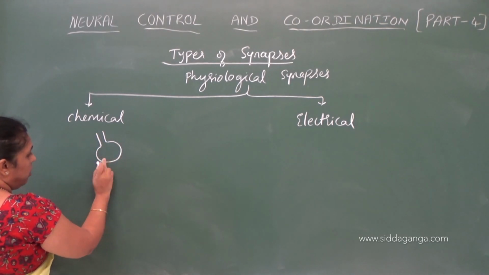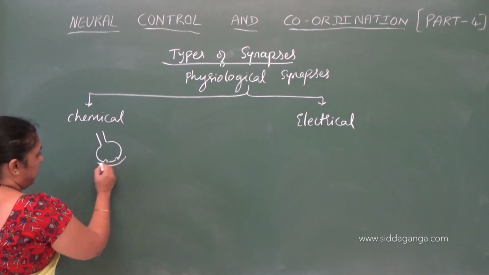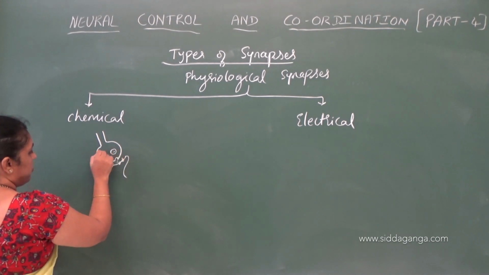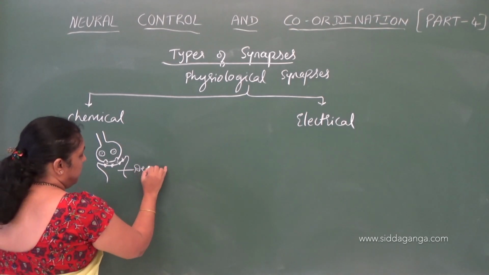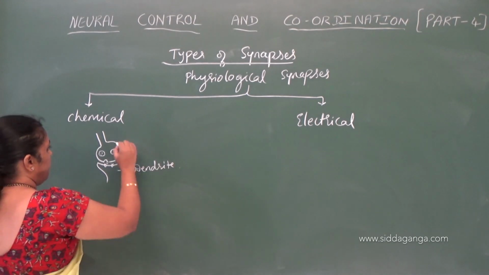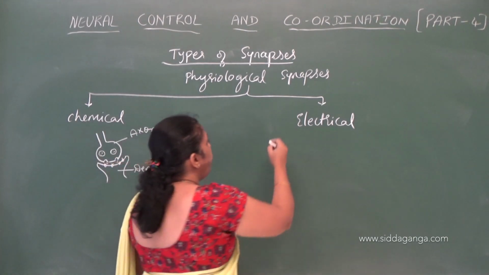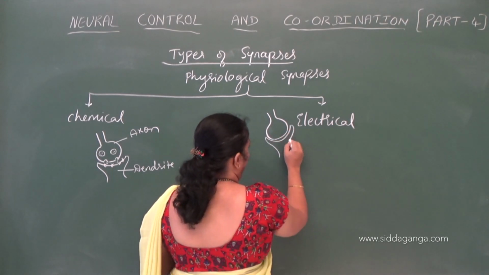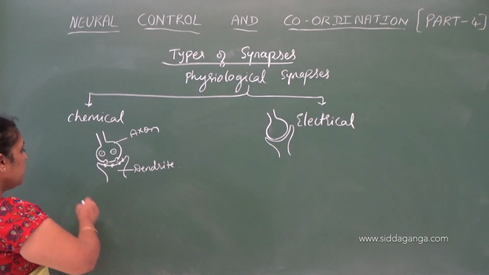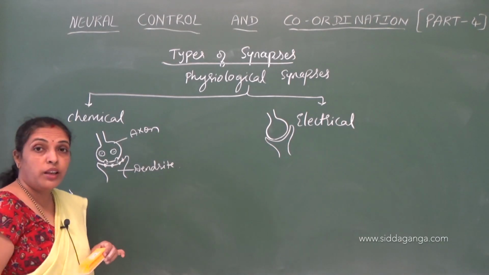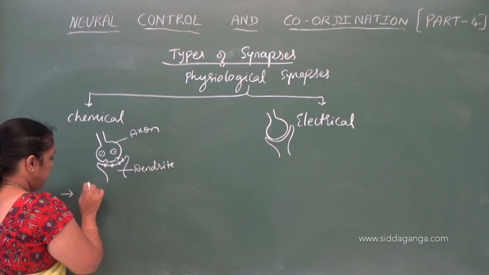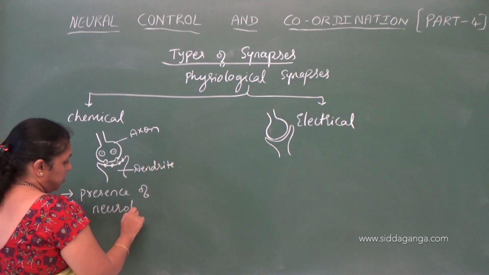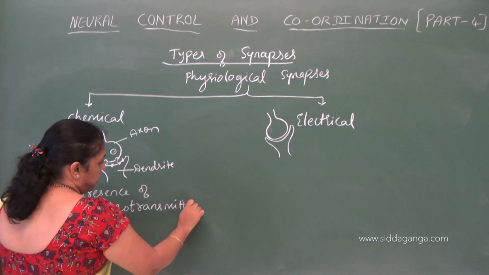This is the synaptic knob, this is the dendrite, and this is the axon. In chemical synapses, we see the presence of neurotransmitters like acetylcholine.